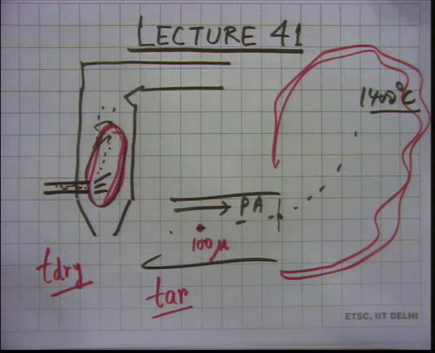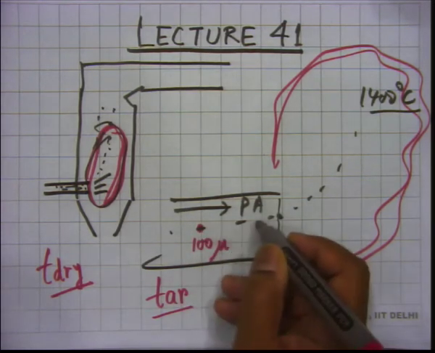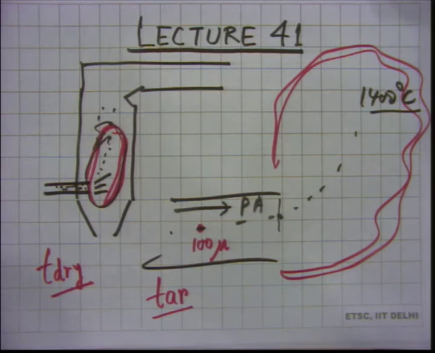Now, the other thing that happens is, if it is a swelling bituminous coal, then plastic flow occurs. So it can actually also swell. We might think that this is 100 micron, a certain size. As it moves, it's losing its volatile matter, so your tendency will be to think that it will become smaller.